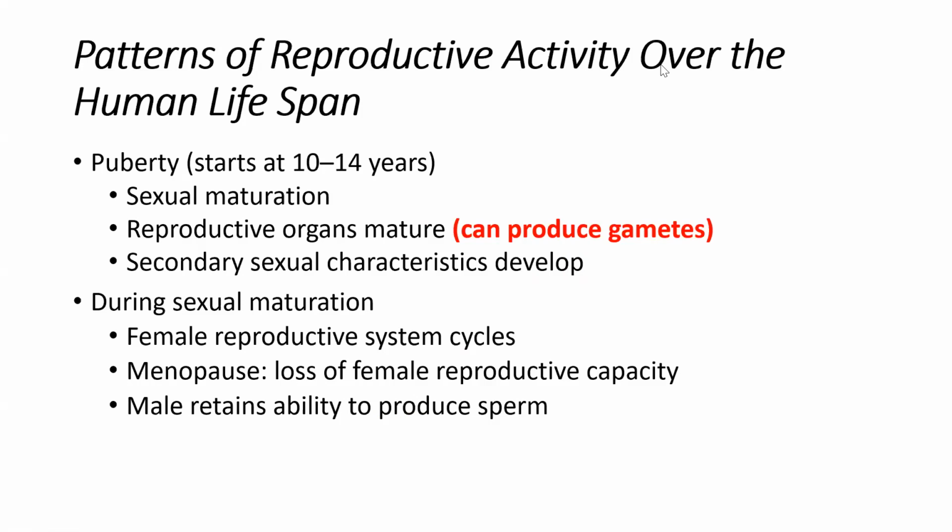Alrighty, let's speak a little bit about the pattern of reproductive activity over the human lifespan. We've got certain phases or stages of reproductive development, which start off at puberty. Anywhere from 10 to 14 years old, we have sexual maturation, and that is the development of the secondary sexual characteristics.